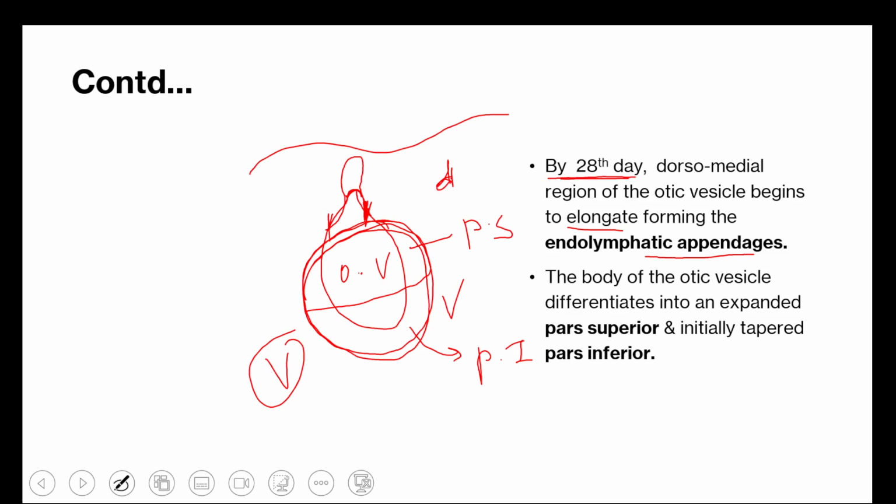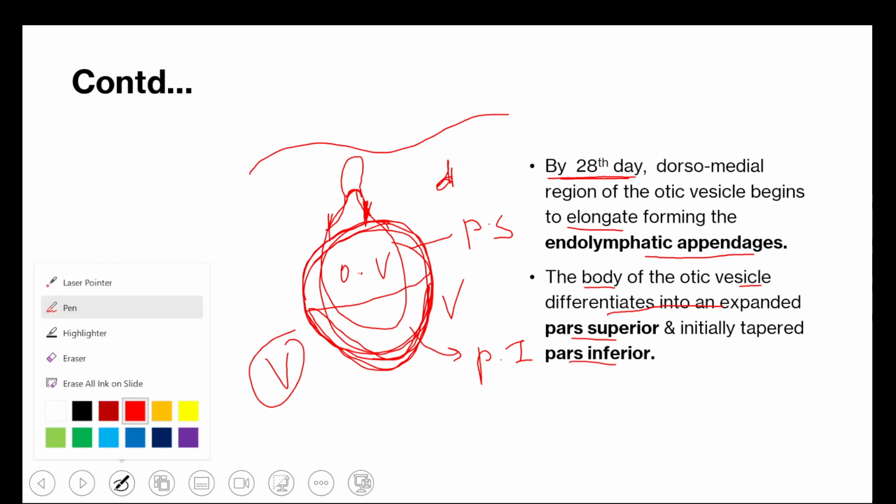You can see this is the body of the otic vesicle, and it is differentiating into an expanded pars superior and a tapered end ventrally, which will form the pars inferior.